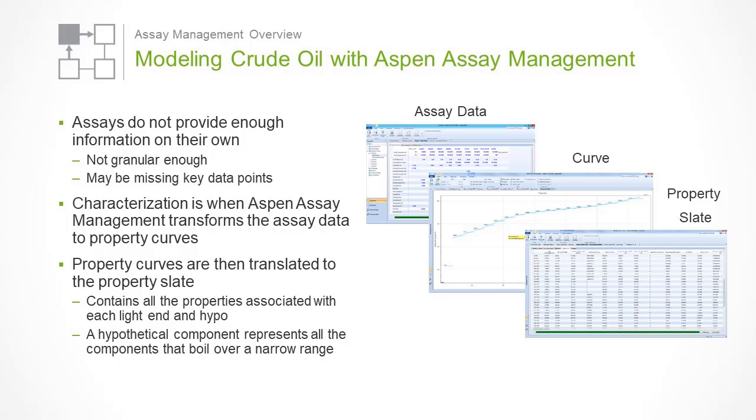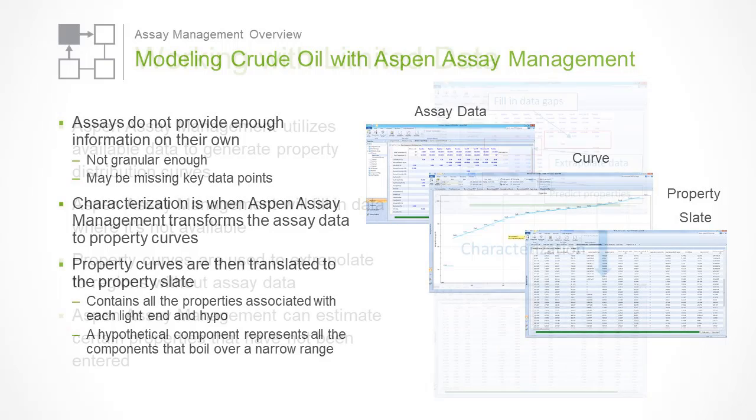Each hypo represents all the heavier components that boil over a narrow range, say 10 to 20 degrees Celsius, and the property slate contains the properties associated with each component. Aspen HYSYS Petroleum Refining uses this property slate to carry all of the characterized assay results through the flowsheet.